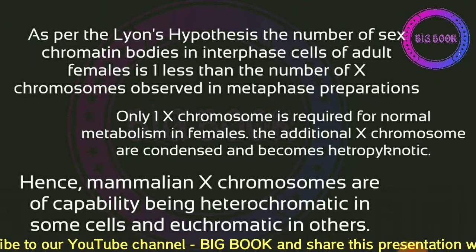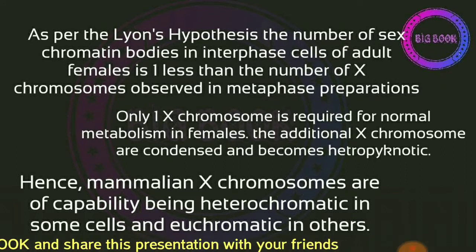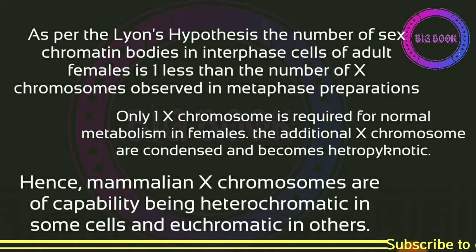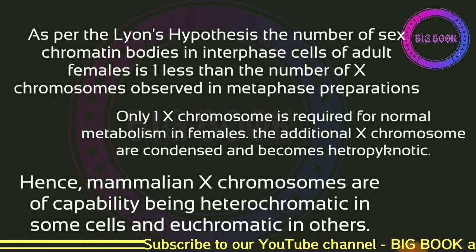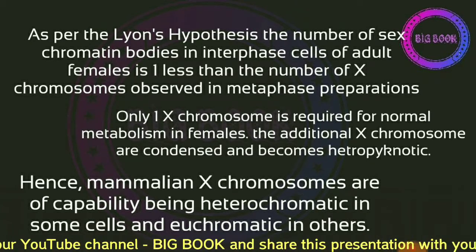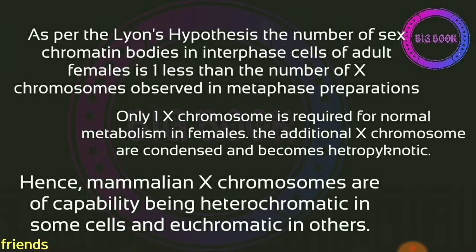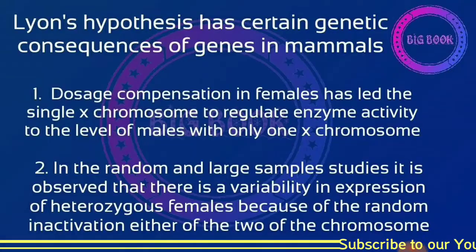So it is understood that in certain cells the X chromosomes are active, they are euchromatic in form, but in some cells they remain as the Barr body, or heterochromatic.